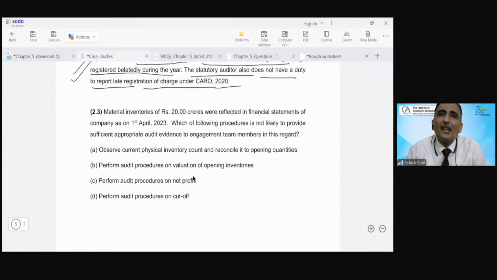It is a case of initial audit engagement. Guys, how can you forget that? Initial audit engagement. Yes, Pranav, now you are right. Anjali, initial audit engagement. Opening balance, yes, Vedant Tiwari.